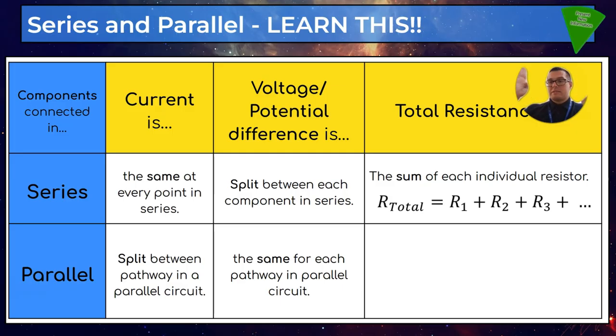It's not that it will be split 6 on one path and 6 on the other. So if I've got 2 identical bulbs, but instead of connecting them in series, where my 12 volts would be split 6 volts and 6 volts, I connected them in parallel, they would both receive 12 volts, but they would just be receiving a lower current as they do that.